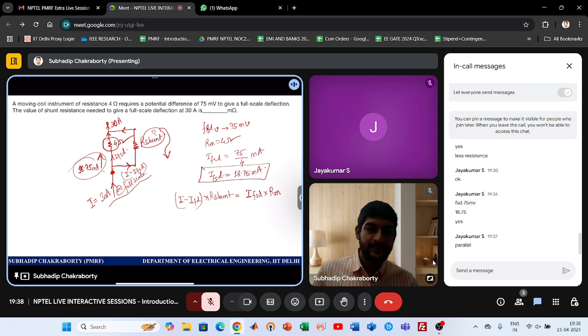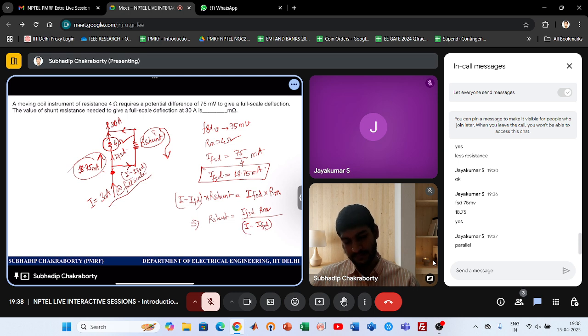Speaking generally, let's derive some general formulas or general forms. So can you tell me what is R shunt? IFSD Rm divided by I minus IFSD, equal to Rm by I by IFSD minus 1.